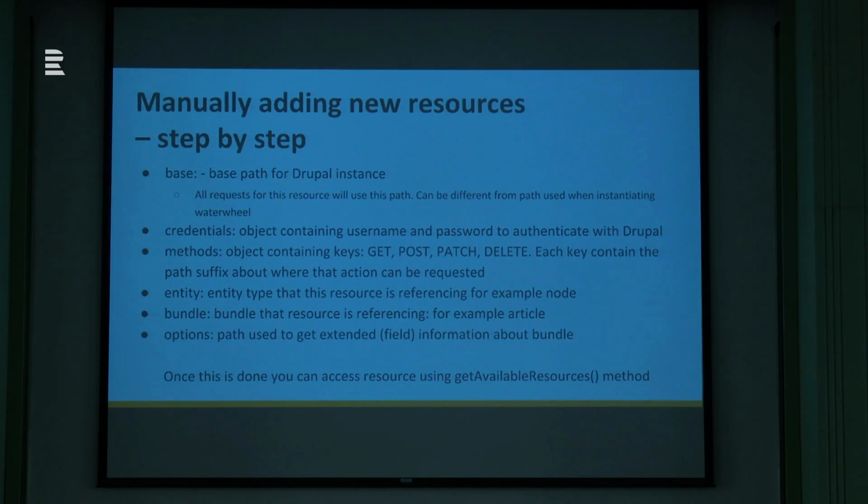For methods, post, get, update, and the path, of course. And for entity, it's the entity type you want to use, the bundle, of course, and options for extended path information. And once this is done, you can use it like any resource that is currently in the core.